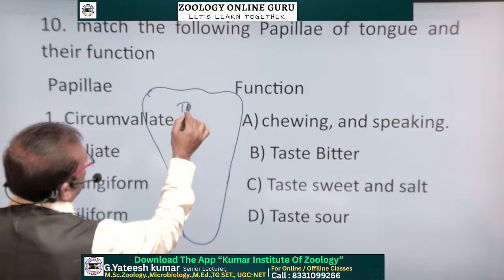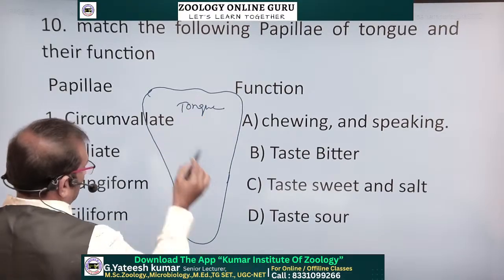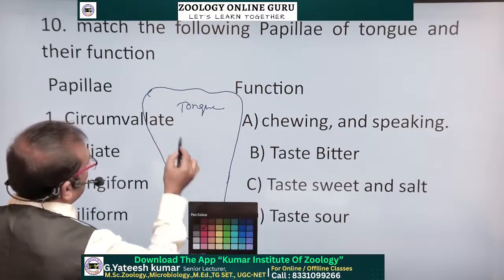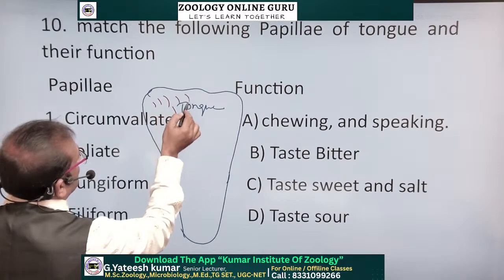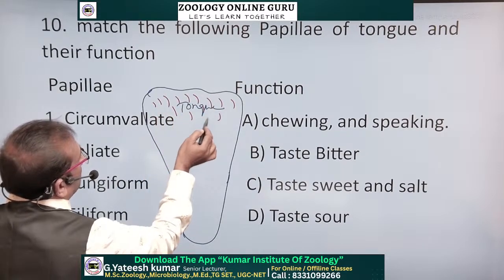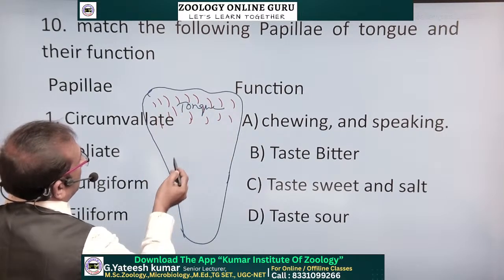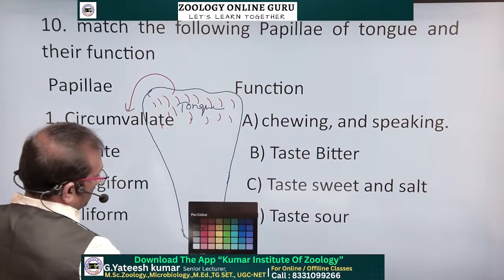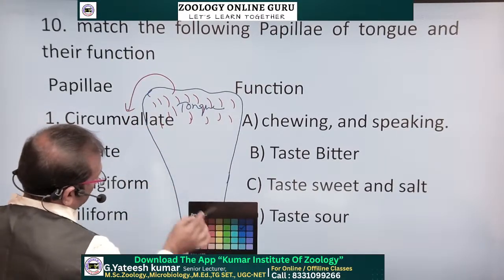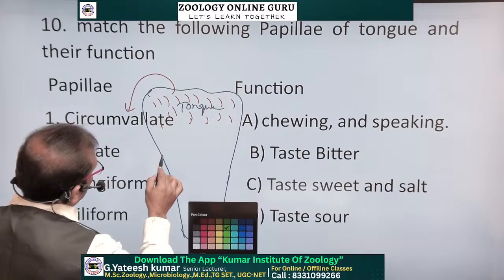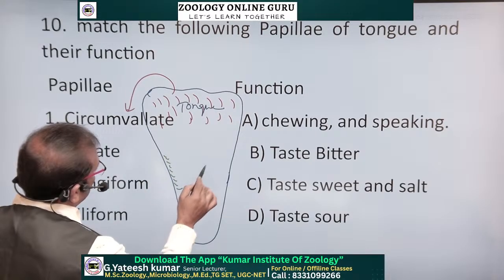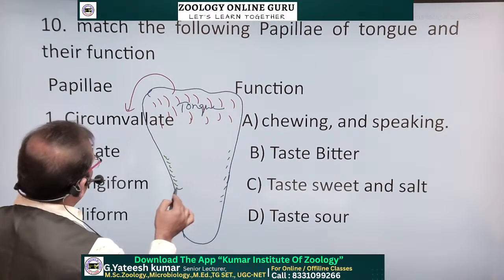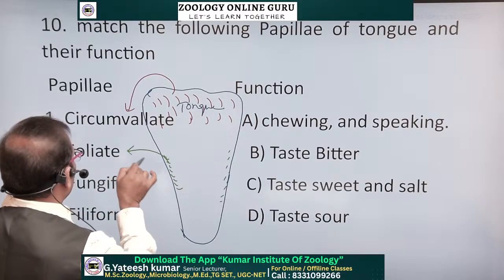If it is a tongue, posteriorly they are the largest papillae, called circumvallate papillae. At the sides, they are foliate papillae.